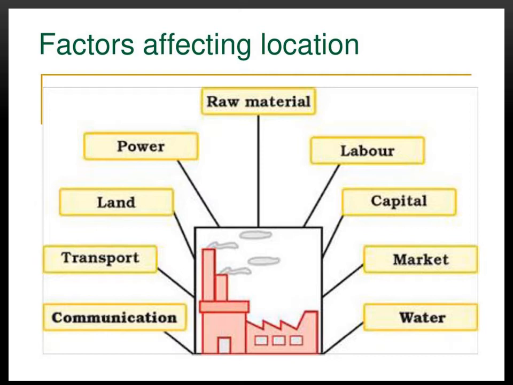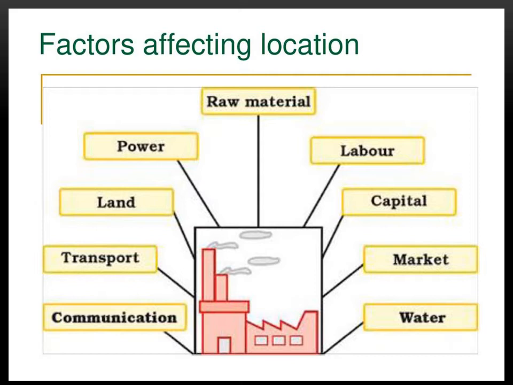Physical factors means the natural factors, like the natural routes. There must be some natural routes where we can move through vehicles, and the site requirements. These are the physical factors.